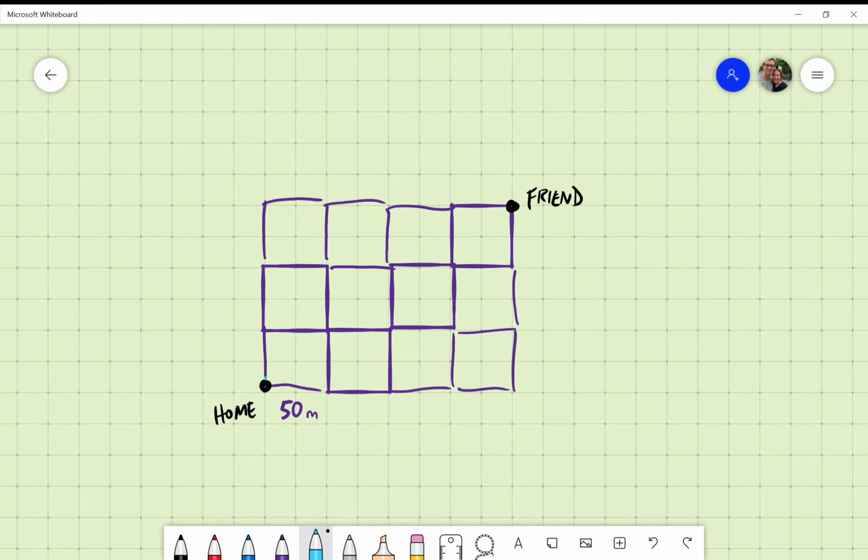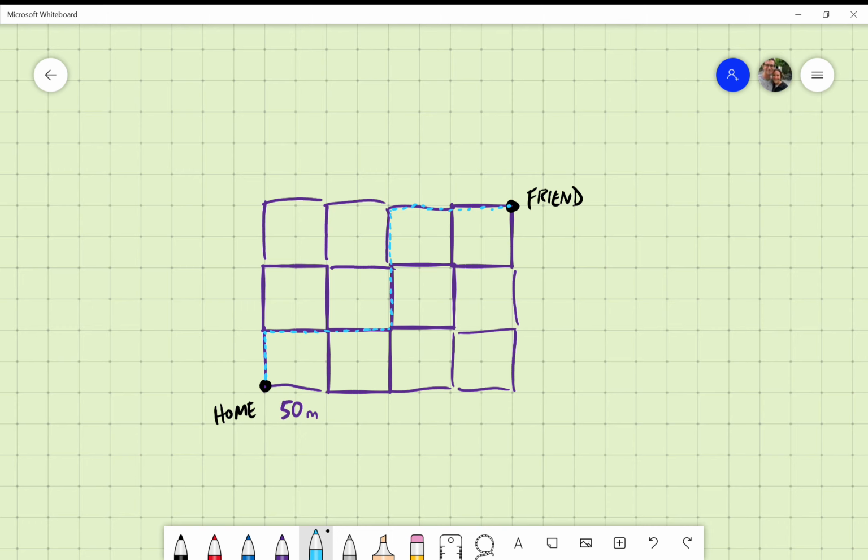You might go up, make a turn, go across, maybe you make another turn, or maybe you keep going. But you can see there's many paths that you could take to arrive at your friend's house. You could have also just gone straight all the way across, then straight all the way up.